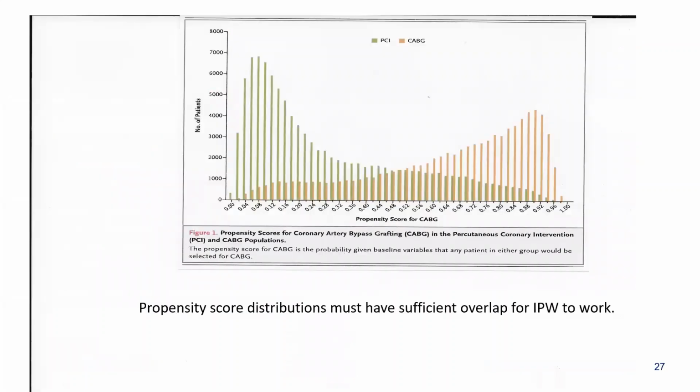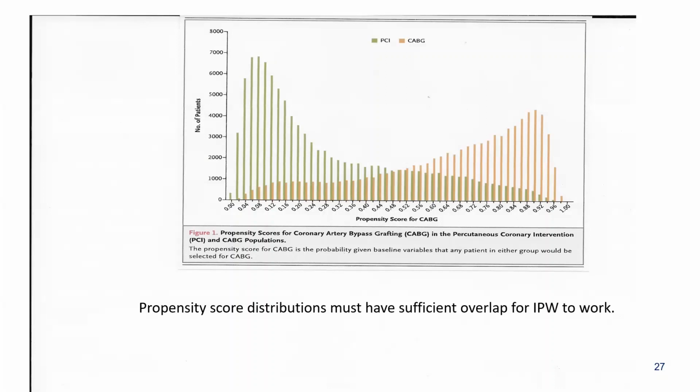Okay, so in computing the propensity scores, this figure shows the distribution of propensity scores to be assigned to bypass surgery.